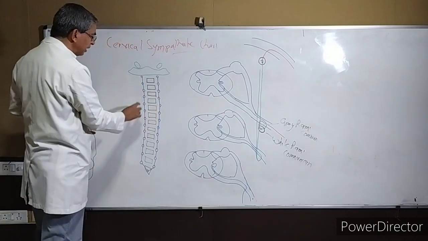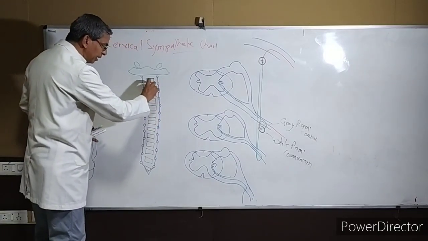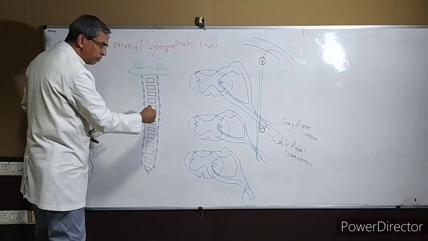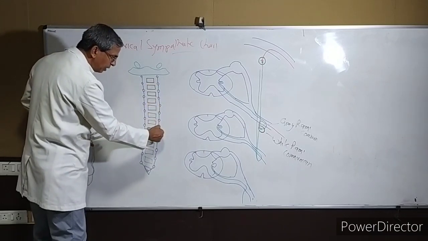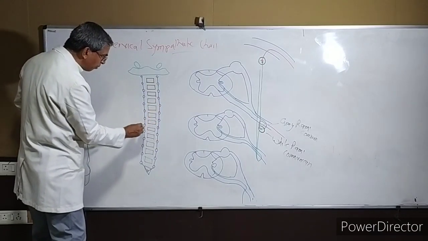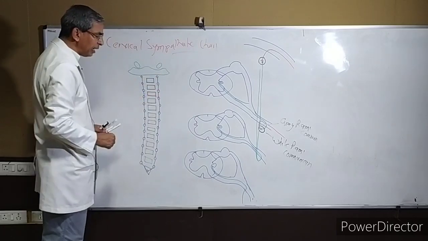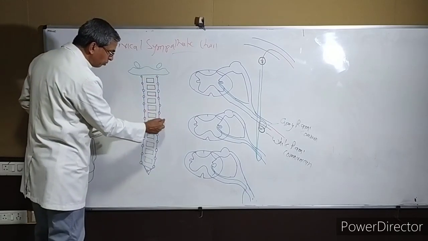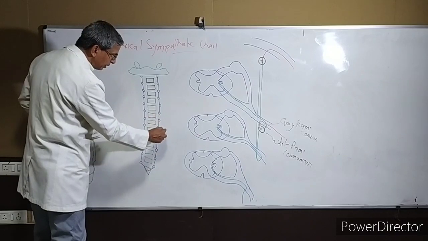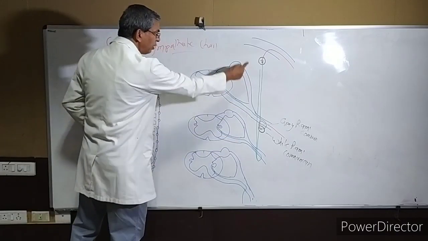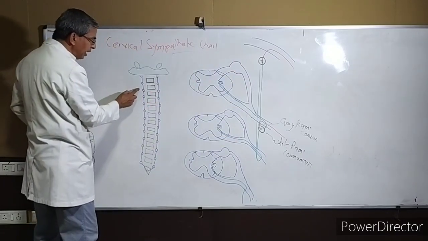In the cervical region, no sympathetic fibers come from the cervical segment. They come only from the thoracic segment. So how do the fibers reach the cervical sympathetic ganglia? The fibers which come from the thoracic segment ascend upward and end here.